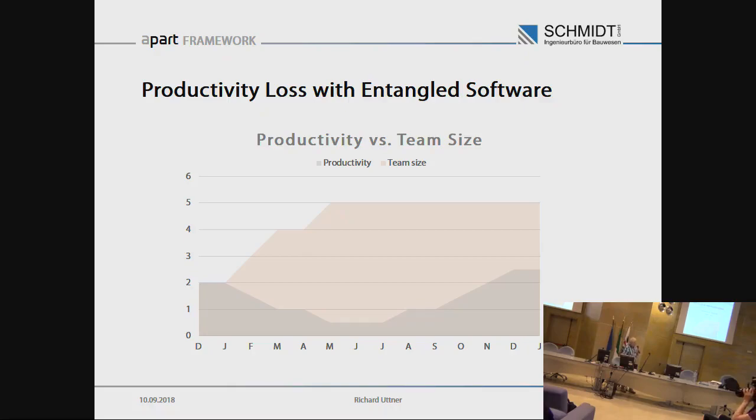And it gets even worse, and that's what I did not draw here. If you really struggle and try to push the productivity as early as possible, then you will get another effect that's very bad over a long time, because the new guys will do the work just as they like.